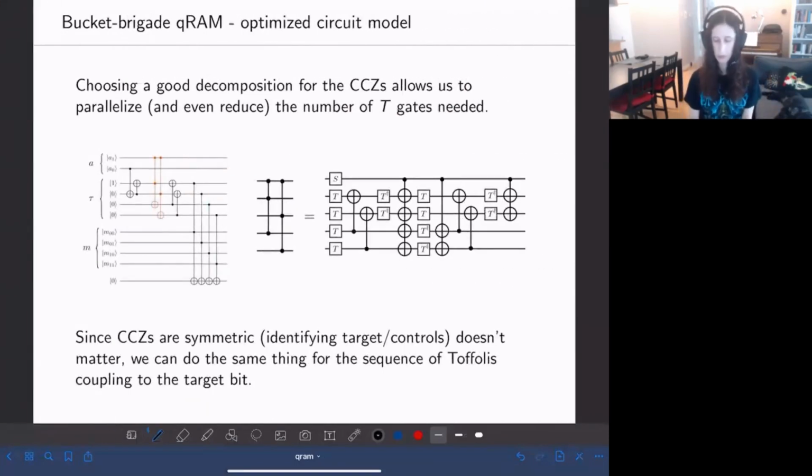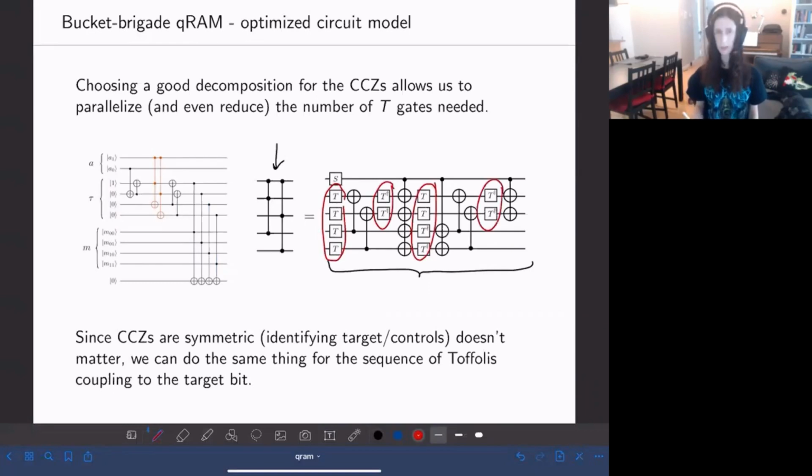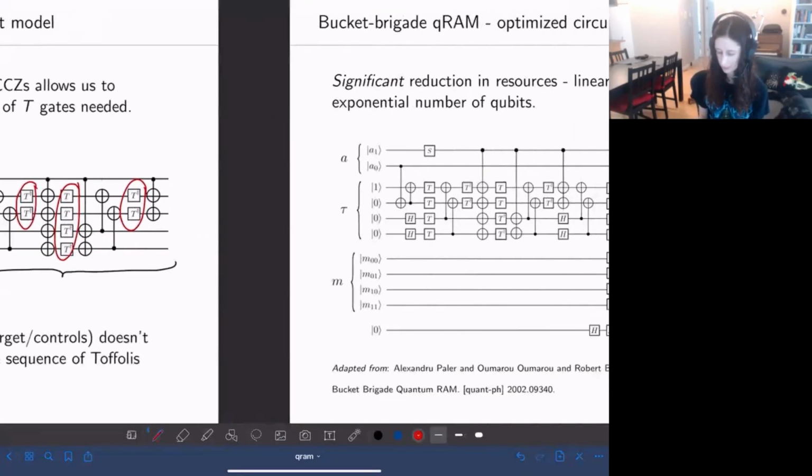If you have two adjacent CCZs that share a control, you can decompose them into this lovely circuit identity. The important part of the circuit identity is how the T's are arranged. You can see that the T depth of this circuit is 4. It's very small. All of the T's are stacked, and you only get more benefit as you add more and more Toffolis.